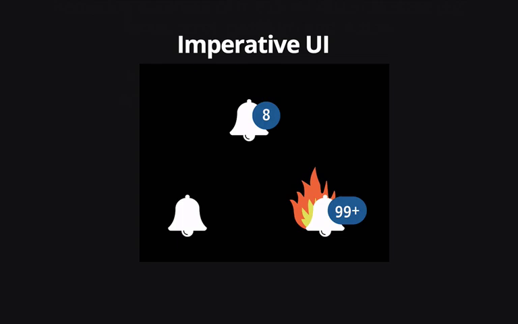Let's say that you have a notification bell that has three states. You have a notification bell where you have no notifications. You have one where you have between 1 and 98 notifications. And then you have another one that has 99 plus, and because of that, it's on fire, right? So these are the states that it has, but how many state transitions do you have to take into account for this? Can anyone guess what it might be?